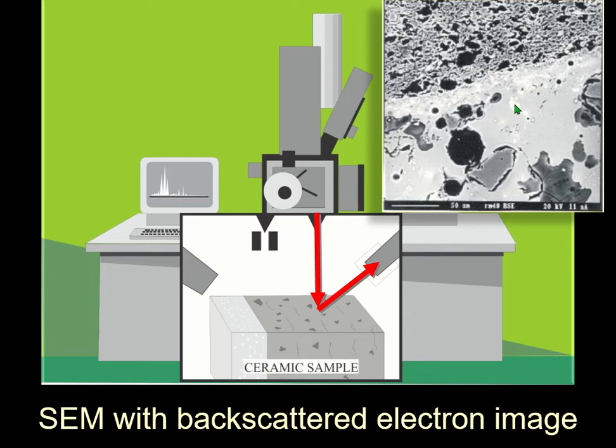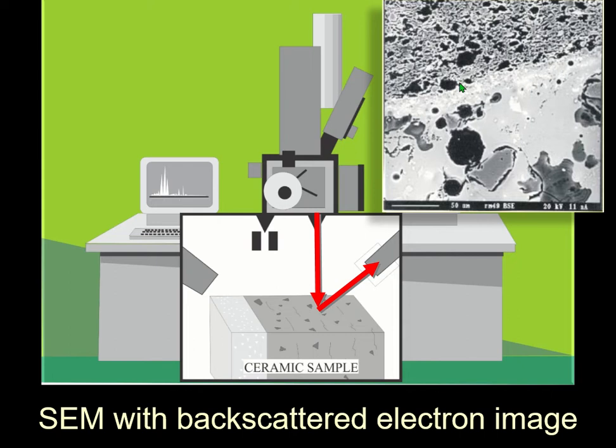So the higher the atomic number of the elements within the material, then the lighter the image is of it. For instance, this is tin oxide, in fact.